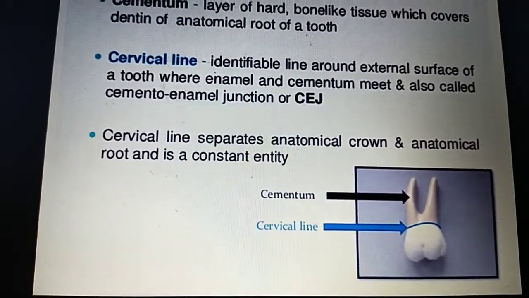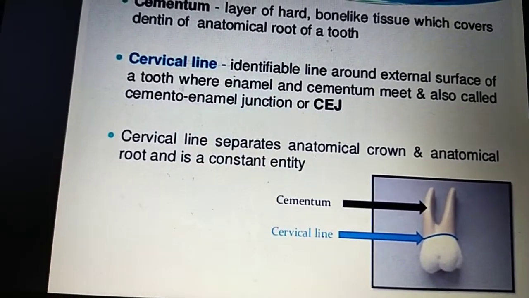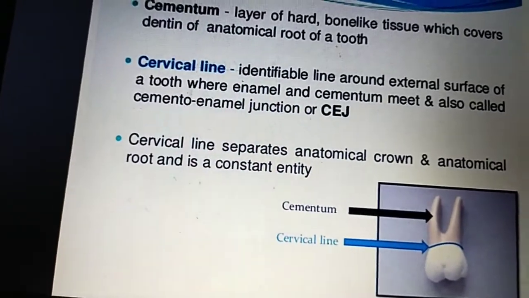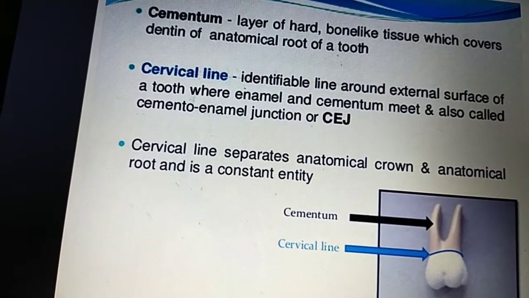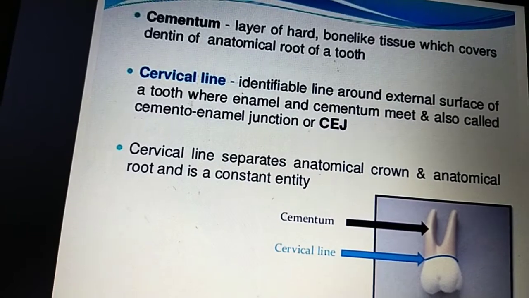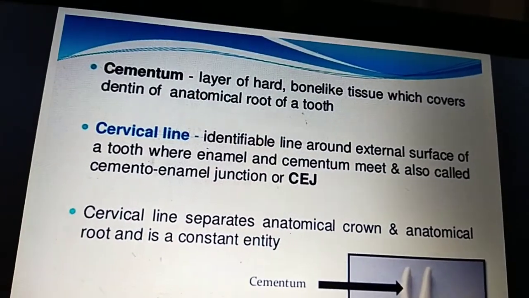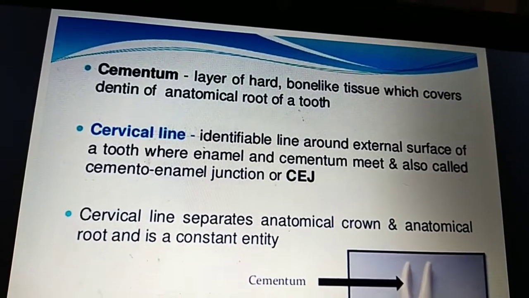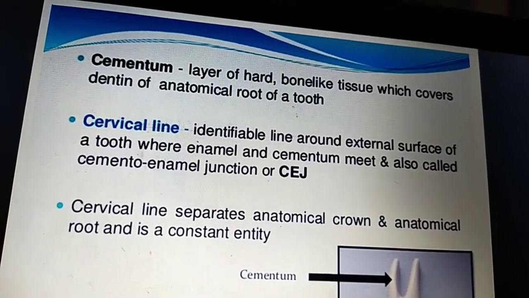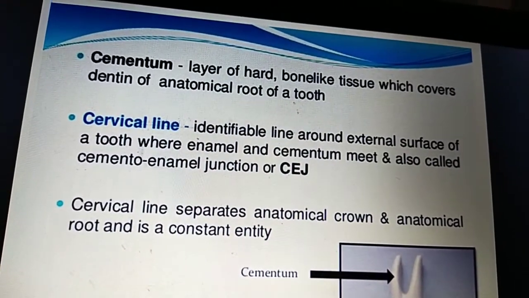It is not hard like enamel, but has a similar hardness to bone. It is a specialized bone-like substance, a layer of hard bone-like tissue which covers the dentin of the anatomical root of the tooth.